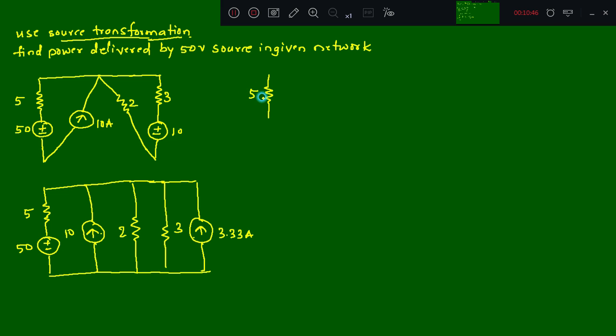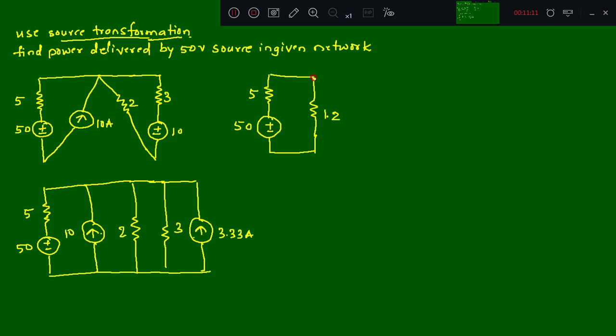This is 5 ohm, then this is 50 volts. This will be a resistor, 1.2 equivalent, that is 6 by 5.